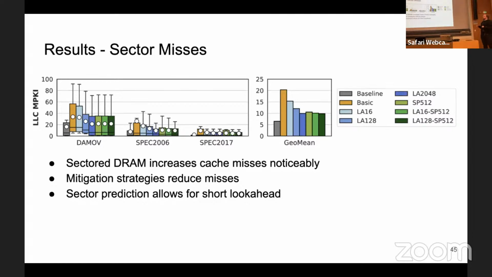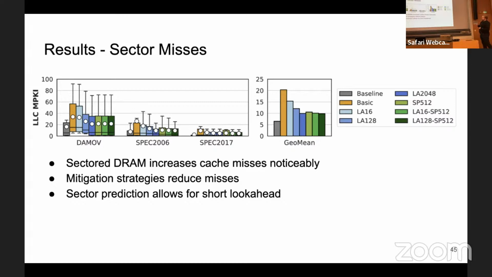And the one other interesting takeaway from this is, as I said, all these colors represent differently strong versions of the mitigation strategies. The dark blue one is look ahead with 2048 entries of LSQ, so of a load store queue, so a really long look ahead, the sort of queue that would be completely impractical. And what we can see is that this does not perform significantly better than something that only looks ahead 128 entries, but has a stronger implementation of the sector prediction.